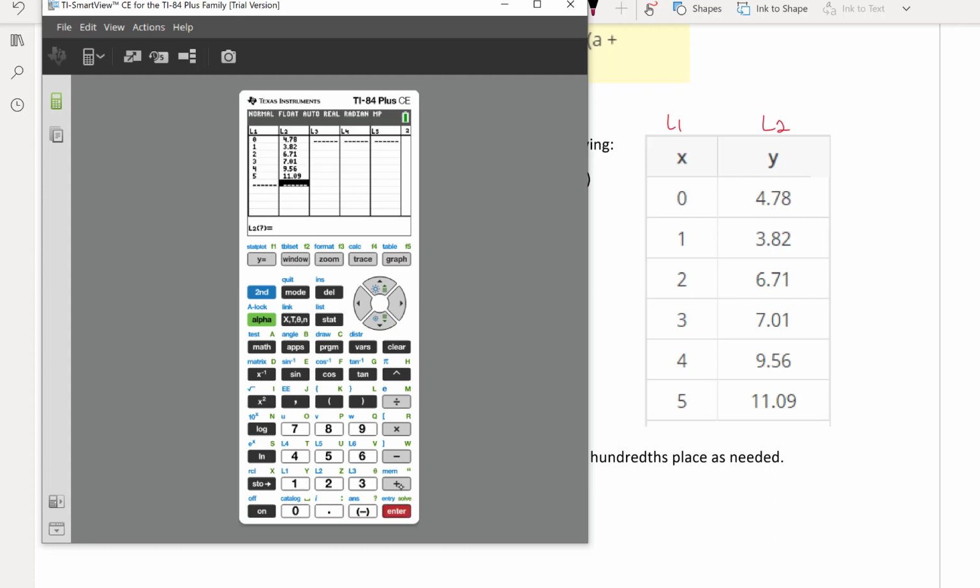Okay. So now that I have all that information in there, I want to make sure that my scatter plot is on. The easiest way to do this is go to the y equals button. So up on top, see that y equals? We're going to go ahead and press that.